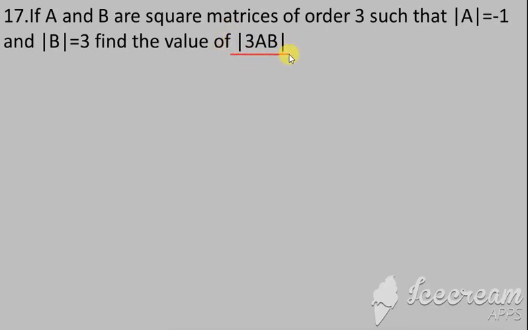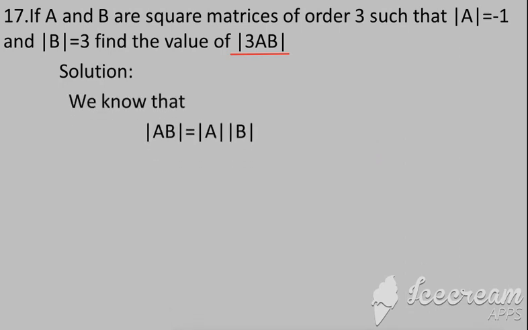Now we already know the properties of determinants. Determinant of AB is equal to determinant of A into determinant of B. Next, determinant of kAB is equal to k power n into determinant of A into determinant of B. These two properties we have to use in this sum.